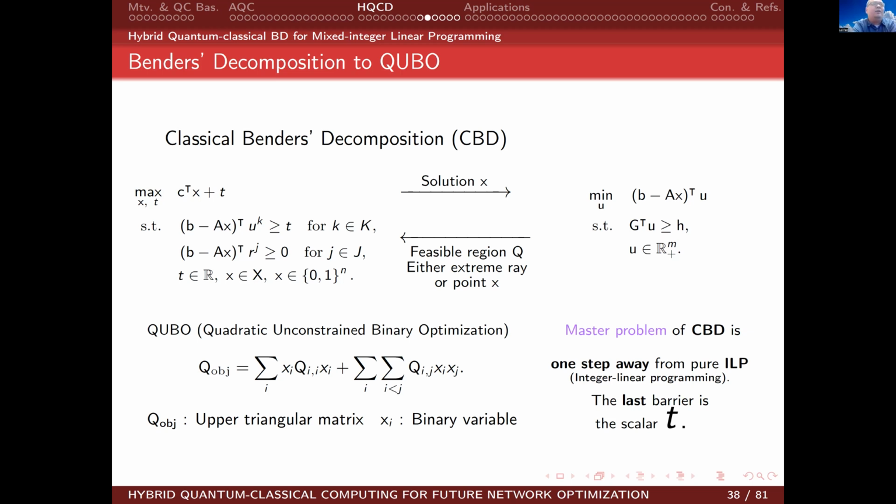So the trick we use here is that we can use binary encoding, or use binary to represent this continuous variable. So that's how we make sure the master problem is a pure binary problem.